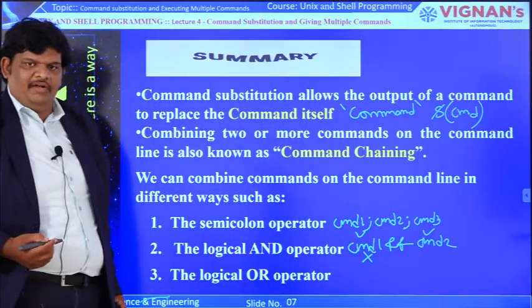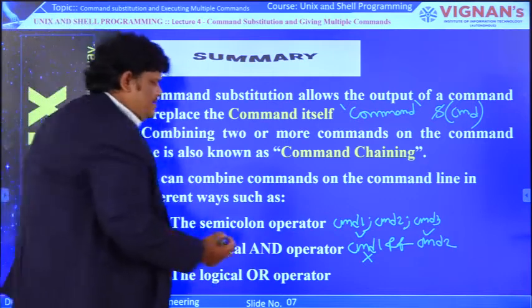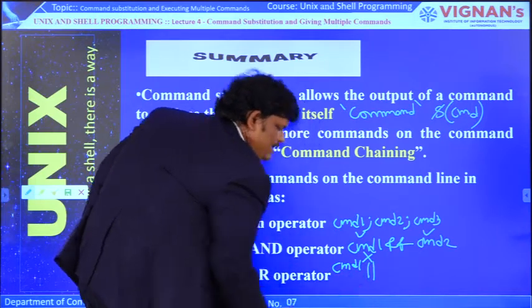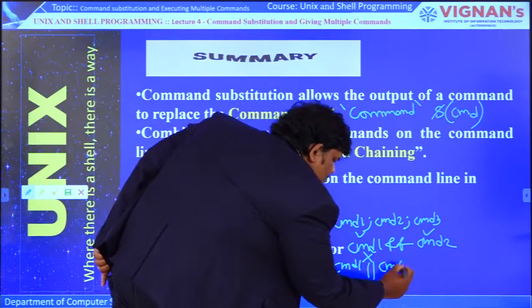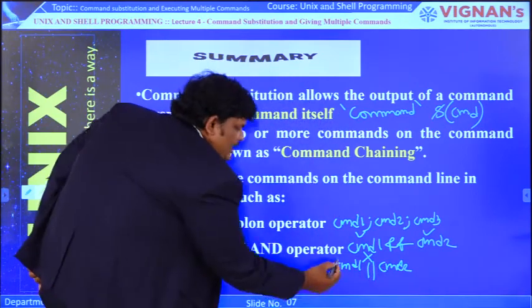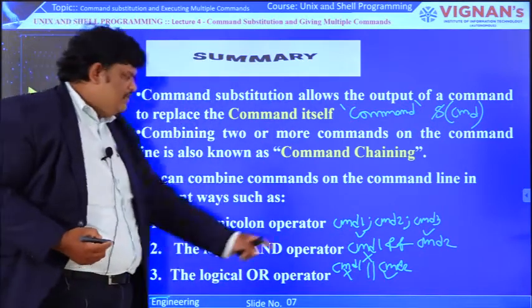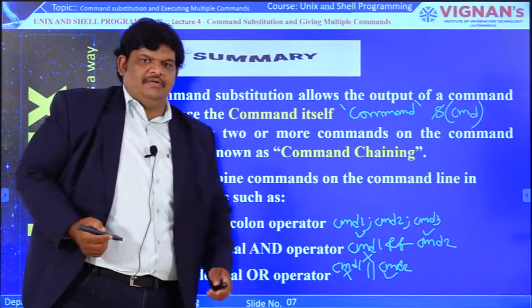And we also already discussed the logical OR operator. The syntax is command 1, 2 vertical bars, that is the logical OR operator, and command 2. Here if command 1 fails, then only command 2 will be executed. If command 1 is successfully executed, then command 2 will never be executed.